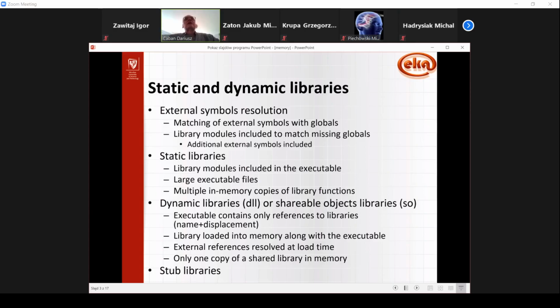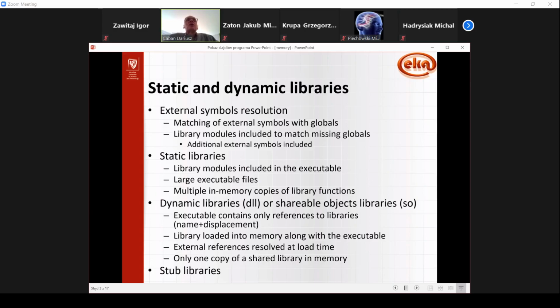If a dynamic library is not in memory, the whole dynamic library named will be loaded into memory, and then it's already in memory, and the same situation applies.